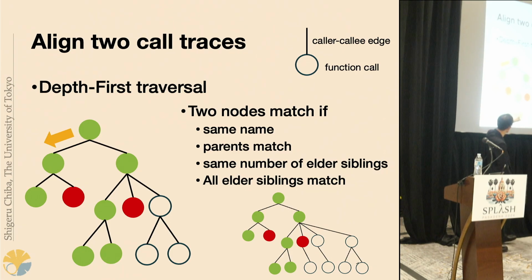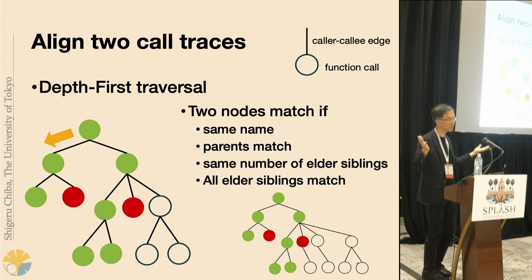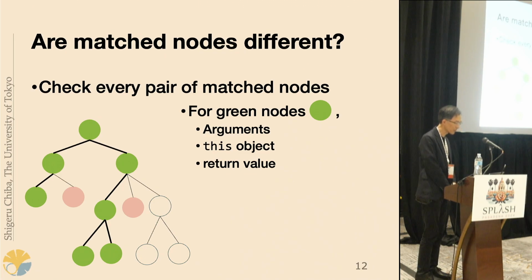So once the tool recognizes this node doesn't match, then it ignores the rest of the trees because maybe the execution is totally different. And after aligning, it checks whether the matched nodes are different or not. So it checks every pair of matched nodes to see whether they have the same argument and the same this object, and also the return value is the same.